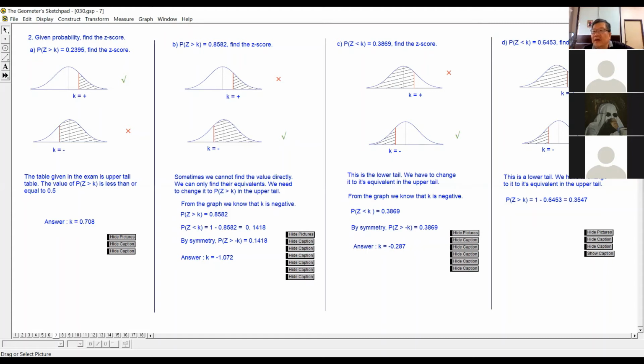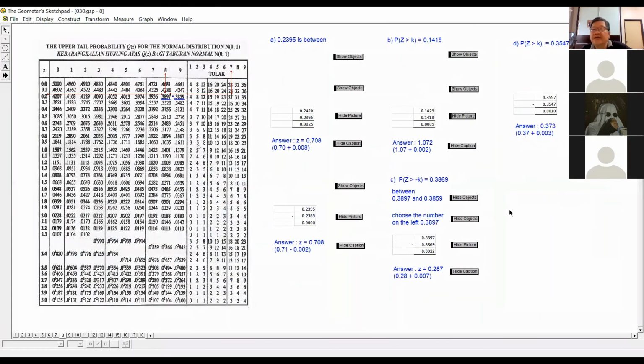We change like that. Why do we want to change it to the upper tail? Because our table always gives the upper tail. So whether they give us the upper tail or lower tail, we have to adjust it to the upper tail. Then only you can look at the table. So I have adjusted it to the upper tail, and it is 0.3547. So look here, 0.3547.